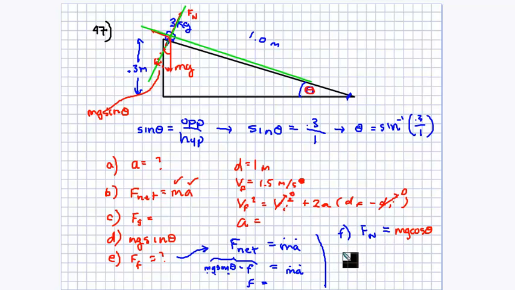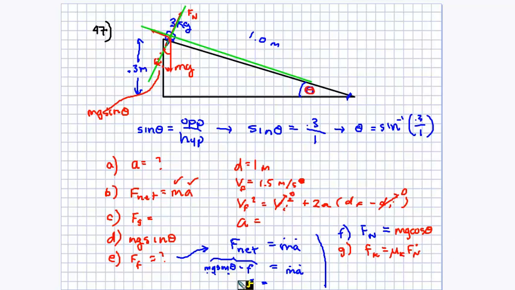Finally, we're going to figure out our coefficient of friction, part G. We know that the kinetic friction is equal to mu kinetic times the normal force. Do we know the normal force? Yes, we just calculated it in part F. Do we know the friction?